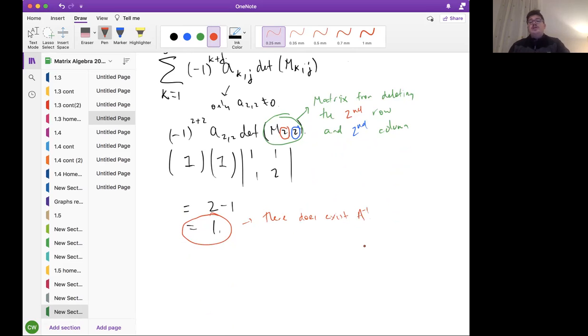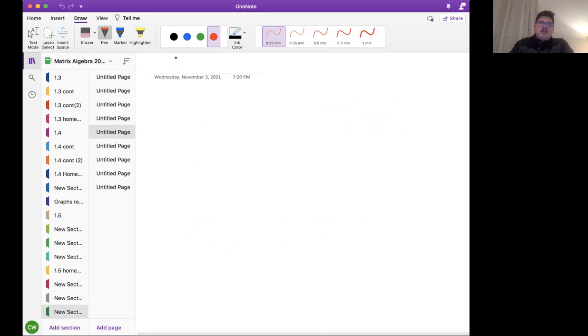It's row equivalent to identity and all those other nice things we have. AX equals 0 has only the x equals 0 solution. All the other things that we've talked about. Okay, so let's do a 4x4.